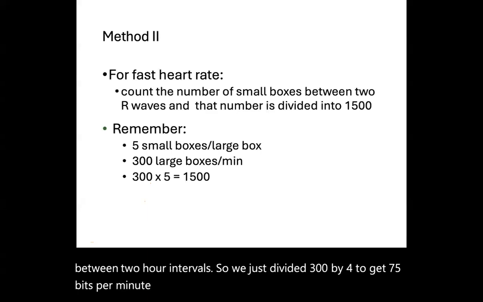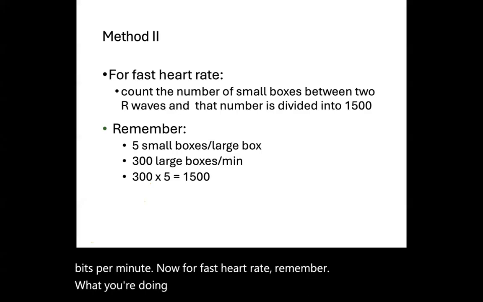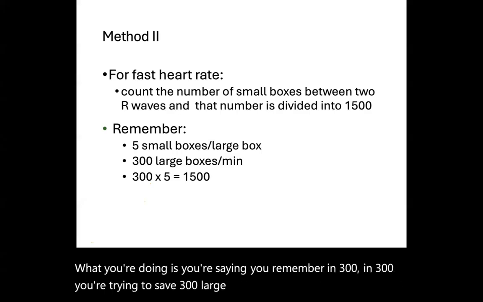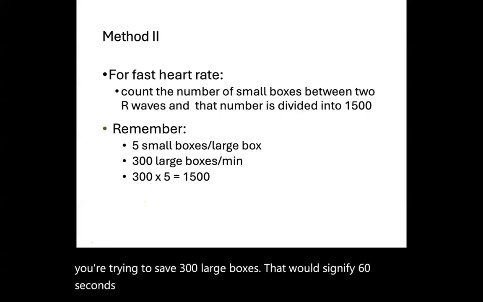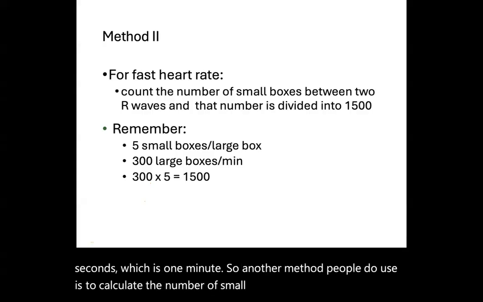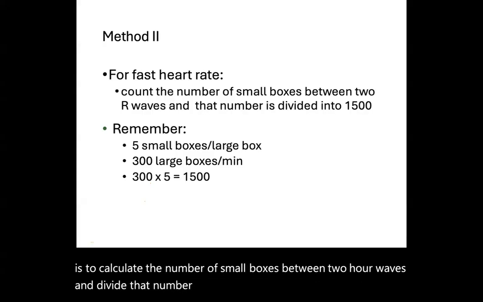If, however, that's not the case, you look at your rhythm strip, count 30 large boxes, and multiply the R intervals there by 6. Remember, 300 large boxes signify 60 seconds, which is 1 minute. Another method people use is to count the number of small boxes between 2 R waves and divide 1500 by that number. But I'm just going to keep it simple for you.